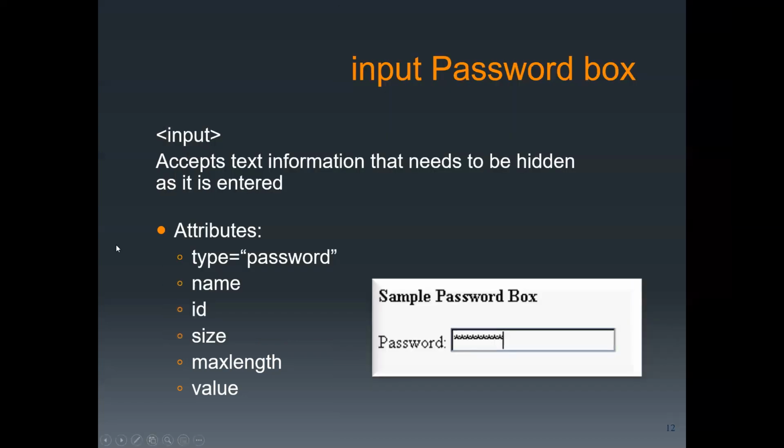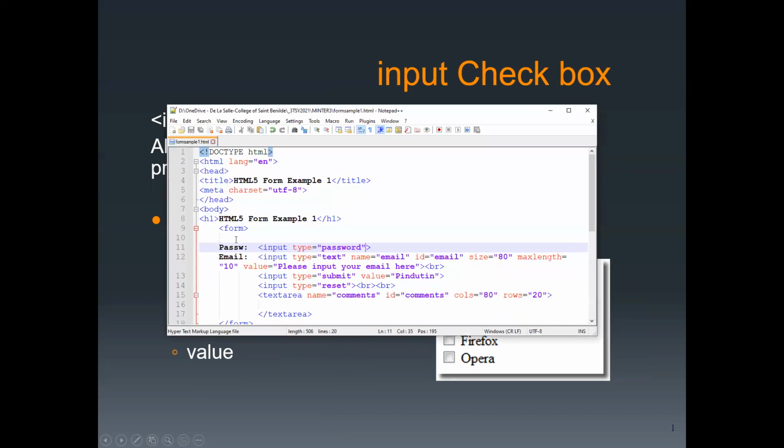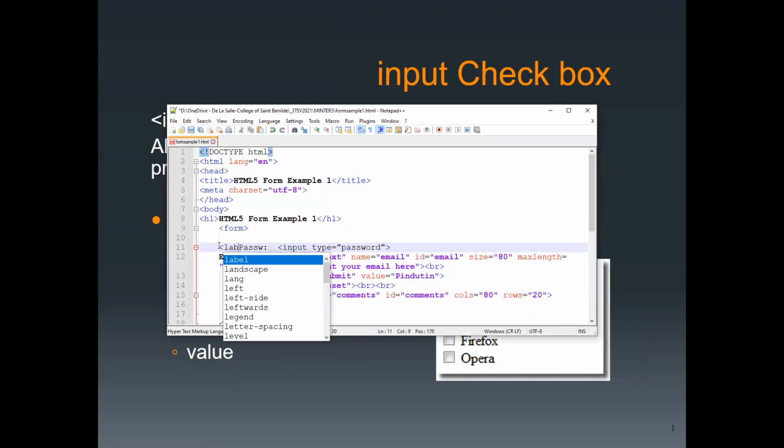Okay, yun lang naman ang difference niya. Pag checkbox naman, ito naman yon, class. By the way, class, tingnan nyo kung may pagkakaiba, kung ilalagay ko to sa loob ng label tag.